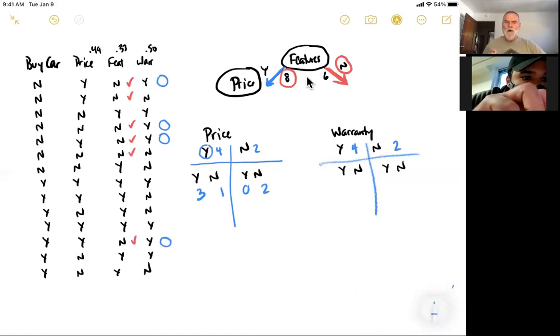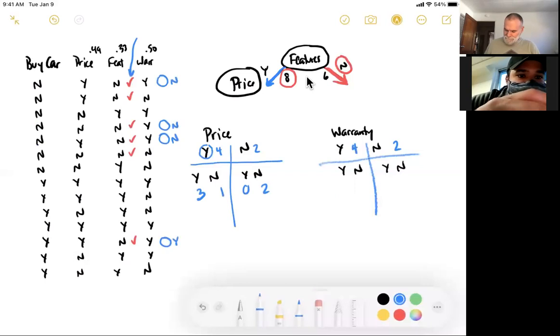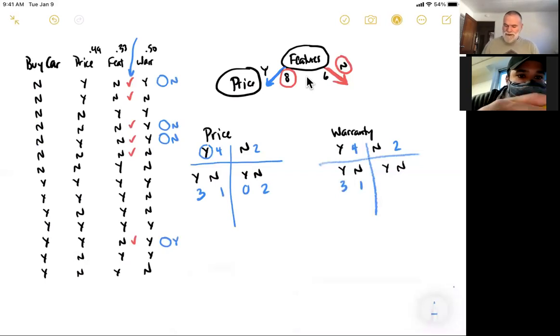The 4 warranty yeses based on the current features no. All right. And now that these are circled, we have a no car buying decision, a no, and a yes. So we're a 1 and 3. No, I'm sorry, we're the other way around, 3 and 1. Because there's a yes there. 3 and 1 for the warranty side.